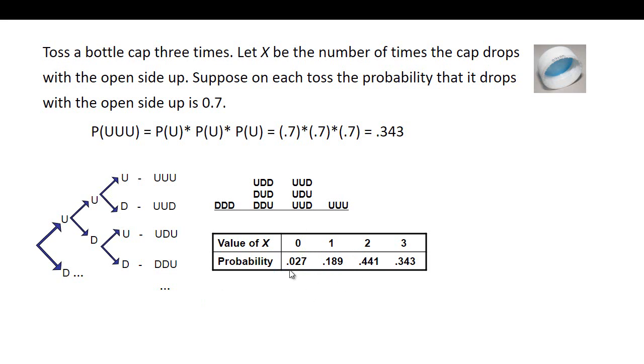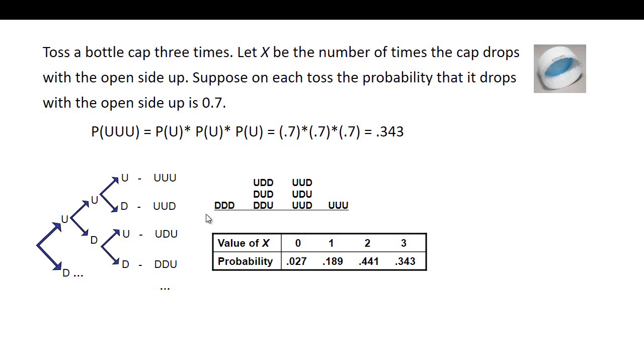So for example, how did I get 0.027? Well, that's the probability that x is 0. The probability that x is 0 means that in all three tosses the open side is down. So when x is 0, that's the event of getting DDD.